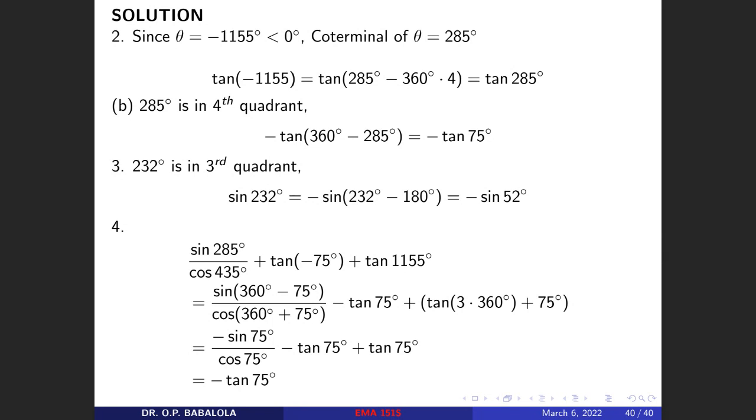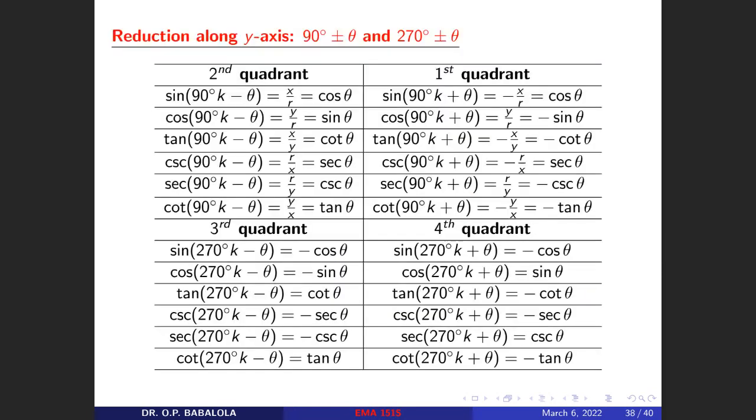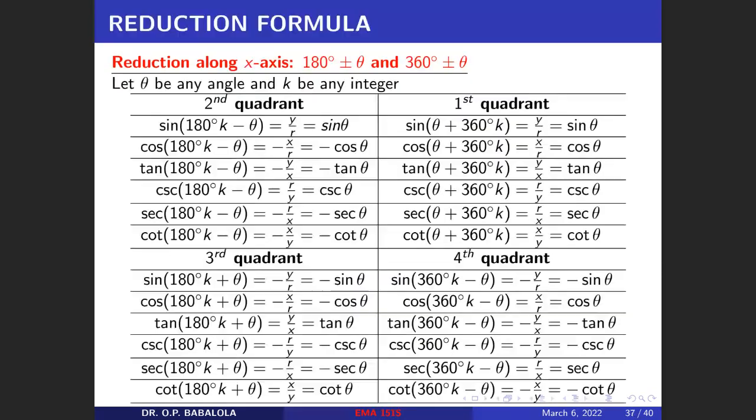Now we're sure this is in quadrant 3, and we want to use the formula in the reduction table to solve. To get our value, we're just going to use 180. Actually, I've turned it the other way around, but let's just follow the table as it is. So we are in the third quadrant and we are doing sine. So it's this.